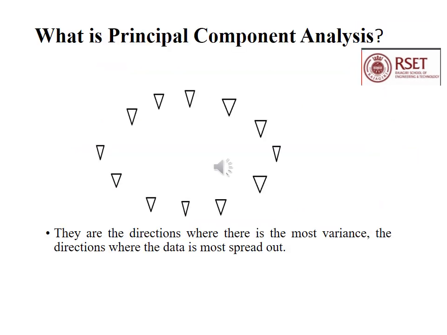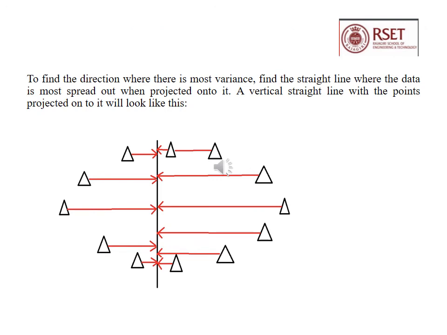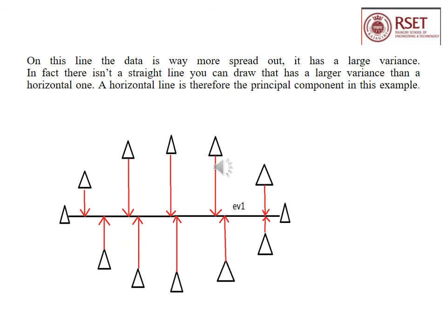In principal component analysis, from this diagram, these are the directions where there is most variance, the directions where the data is most spread out. So that we can see in this figure. In order to find the direction where there is most variance, we need to find the straight lines where the data is most spread out when projected. Take the vertical straight line with the points projected on it; it will look like this.